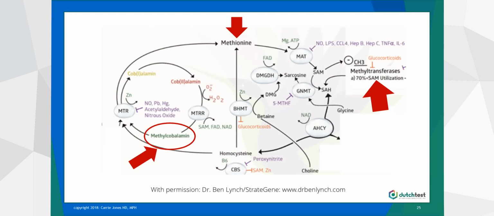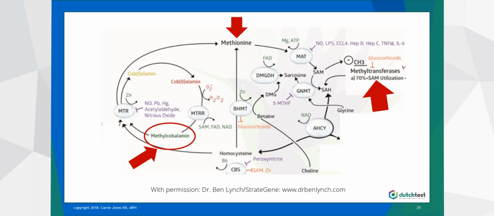Now, is B12 required? Not necessarily. With permission, graciously, Dr. Ben Lynch let me use this slide, and wonderfully, I got to pick his brain somewhat about this as well. Remember, homocysteine can cut across to methionine with the BHMT enzyme, but it does need choline, it does need TMG, which is betaine, it does need zinc, and so there's a whole other subsection of stuff that has to be healthy and in the right levels for that little cut through to happen.